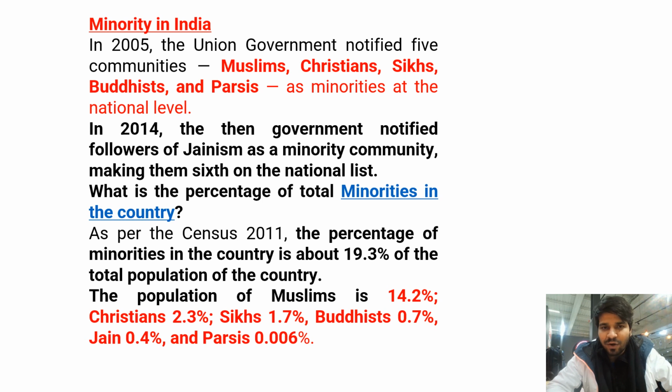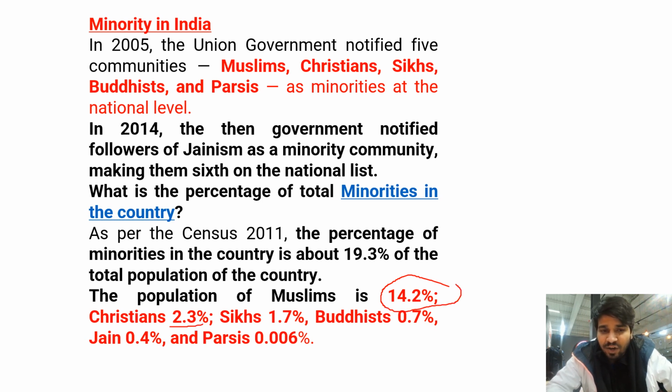So what were the 5 minorities? So it was Muslims, Christians, Sikhs, Buddhists, and Parsis, and later on in 2014 January, Jains were also added to it. So let's analyze in terms of percentage. Muslims are 14.2%, right? You can see Muslims are 14.2%, and then Christians are 2.3.